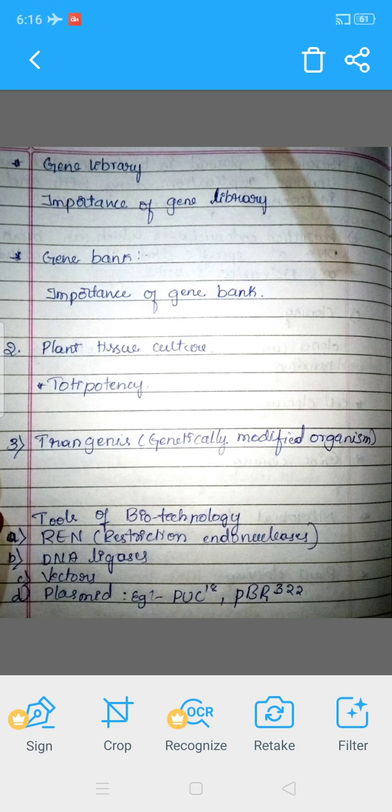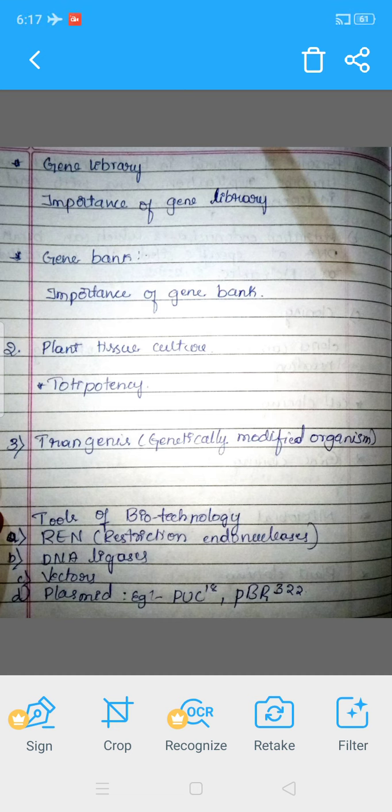And fourth important, cell with recombinant DNA is allowed to multiply in culture, then it produces clones of cell. And fifth important is according to the need of the plant, this new gene can be incorporated to produce a transgenic plant. And next one is gene bank.